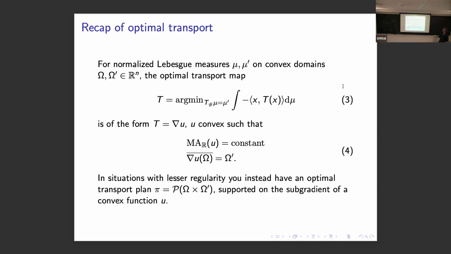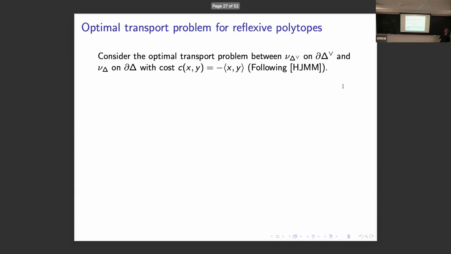But in our setup, there are some things that are a bit similar. We are in the end interested locally in this type of Monge-Ampère equation. Then we have this type of boundary conditions, but in a convoluted way. And we don't have Lebesgue measure on convex domains. It's more like something on the boundary of some convex domain. But still, one can try to consider the following optimal transport problem.